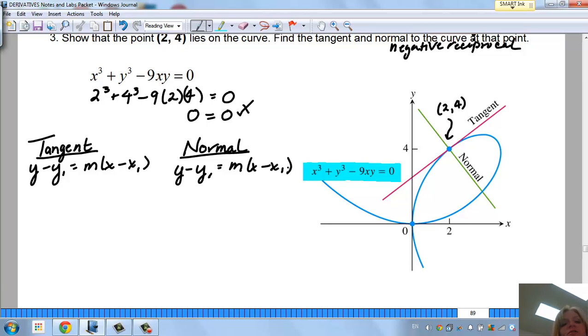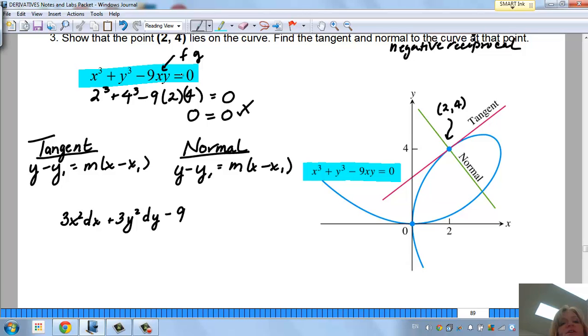First of all, I have to do the derivative of this function right here so that I can find the slope. So let's do the derivative. I have 3x squared dx plus 3y squared dy. Now here, I just want you to see what you have: you have the product rule. I'm going to say minus 9, and we've done this xy before, f and g.